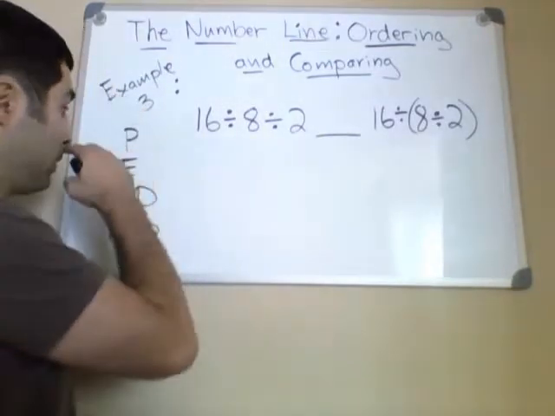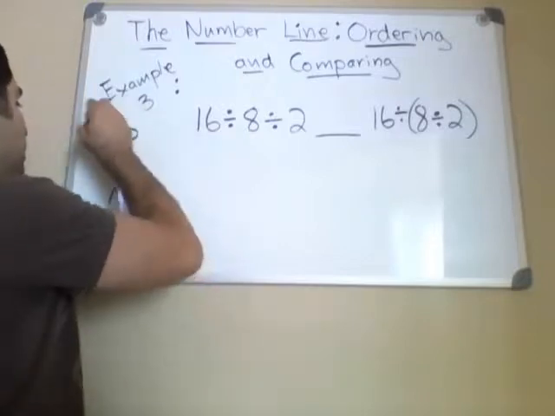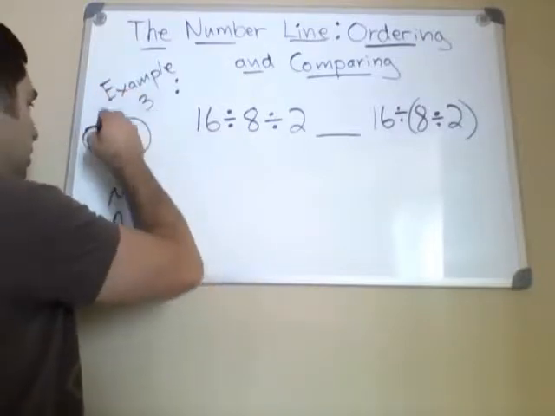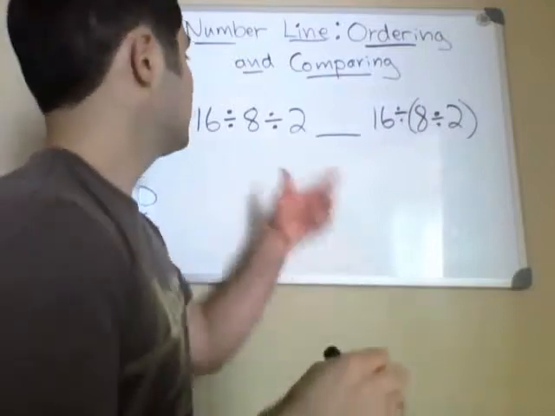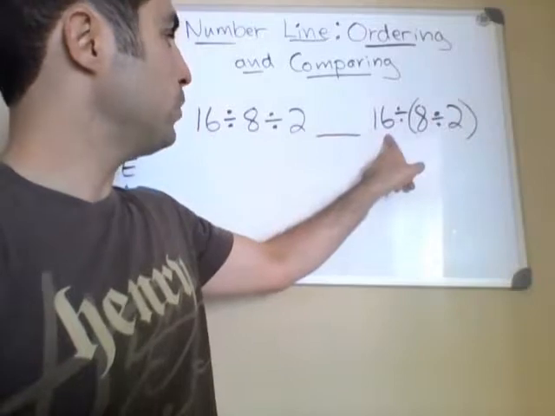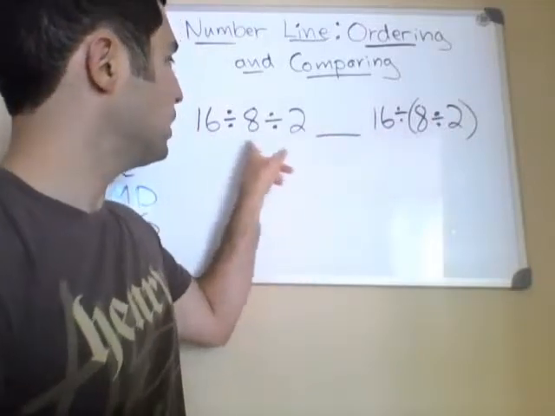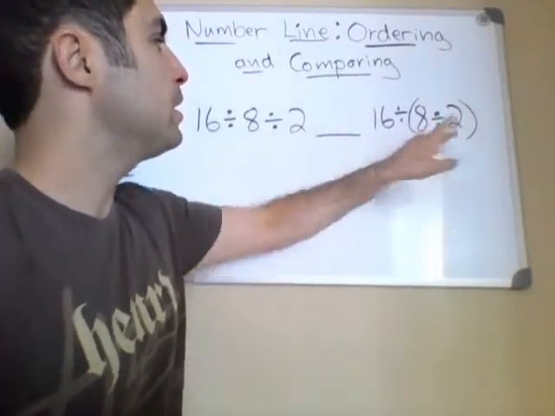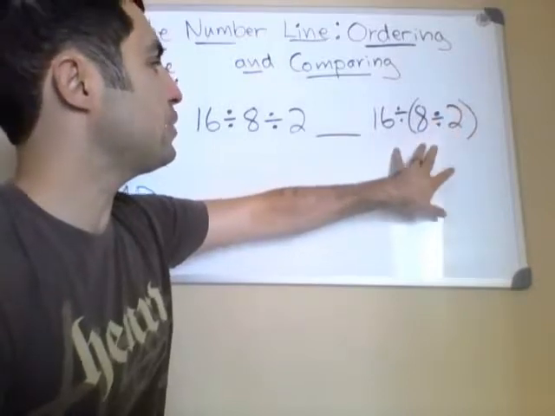So the very first thing we always do is please, or parentheses. When we evaluate these two, we're going to determine which is larger and which is smaller of these two expressions. And in order to do that, we have to evaluate.